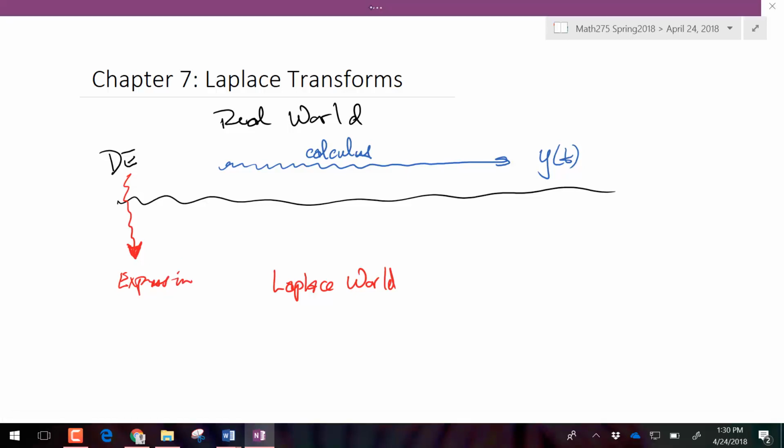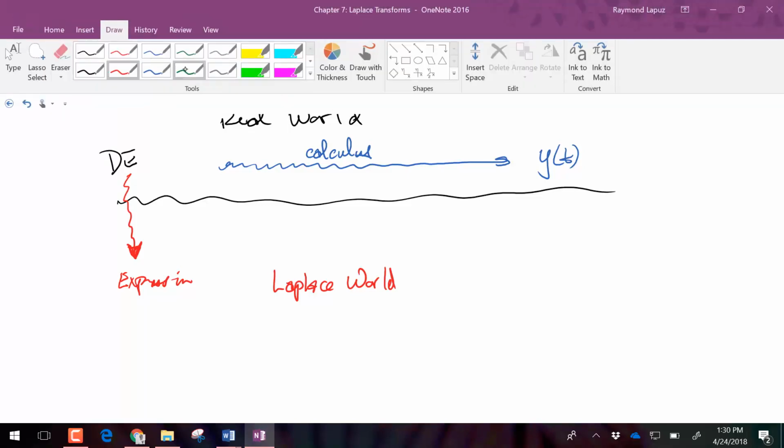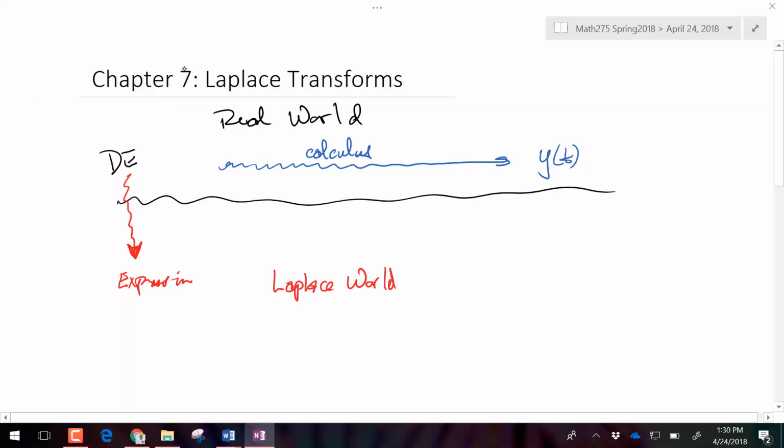Now, we're going to this Laplace world so that in the Laplace world, we don't have to use calculus. And so in the Laplace world, all you're going to do is algebra.